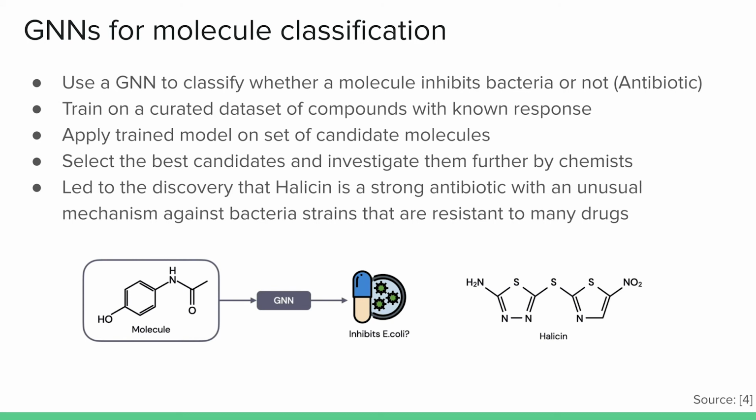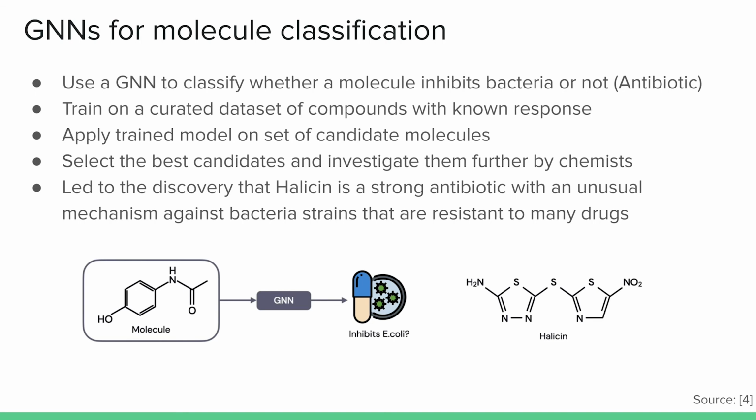So we can train on a curated data set of compounds where we know the response, where we know this has a certain effect on that bacteria. Once we've trained this model, we can apply it on a set of candidate molecules, and we take, say, the top 100 and give them to some chemists to investigate further.